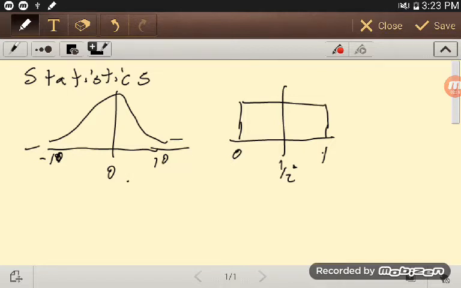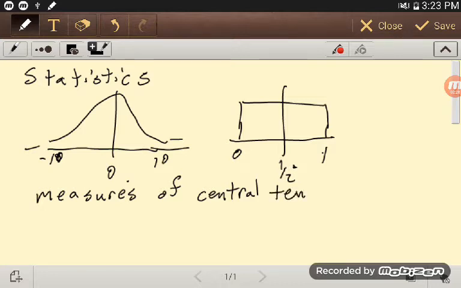And so we're going to start with the center part, and we are going to look at measures of central tendency. Ways to talk about the center of a distribution.